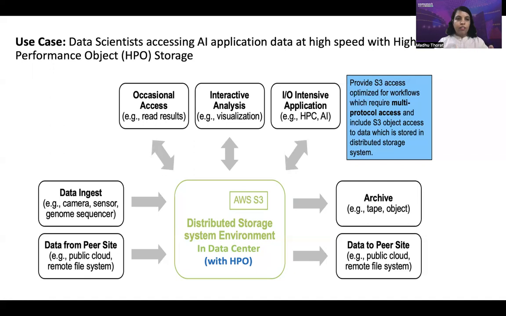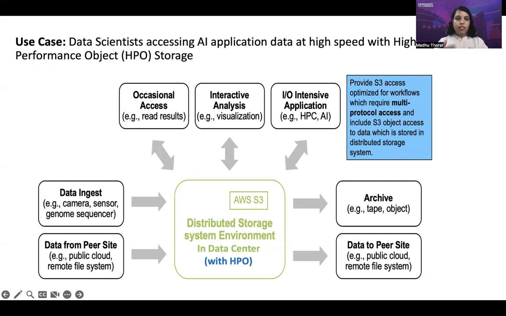On the left side, you can see the data may be ingested by devices like cameras and sensors, or the data may even be coming to the storage from IO intensive applications related to the AI or HPC domains. So all of this data that comes from various sources gets stored in this distributed storage system environment.